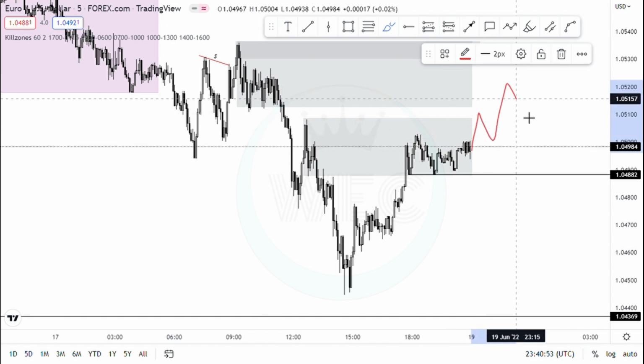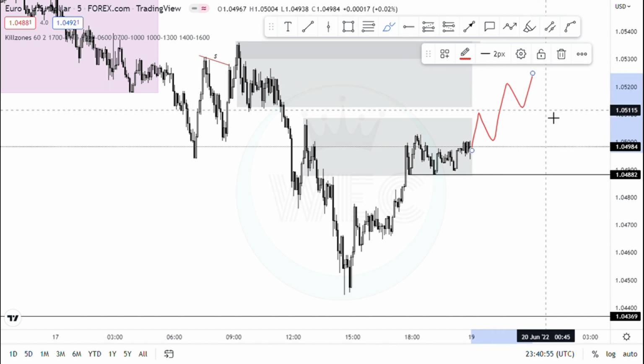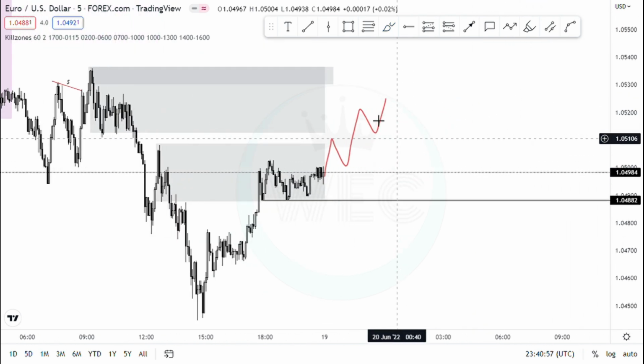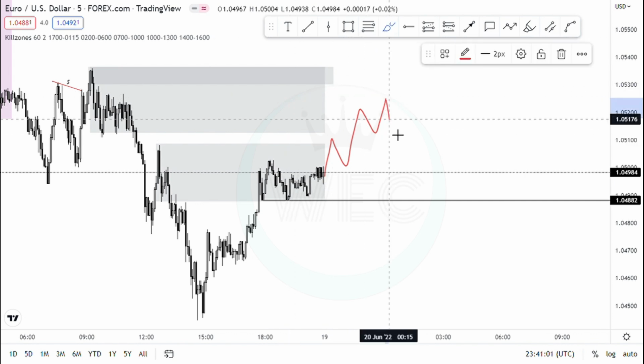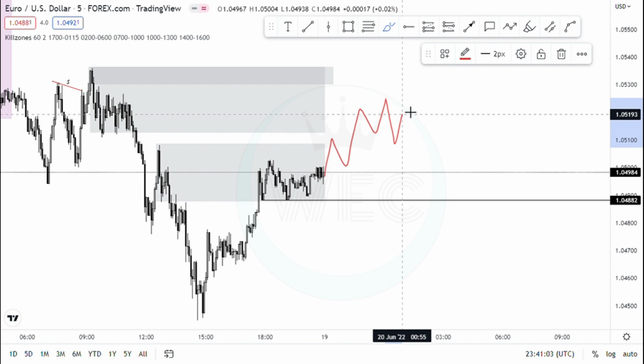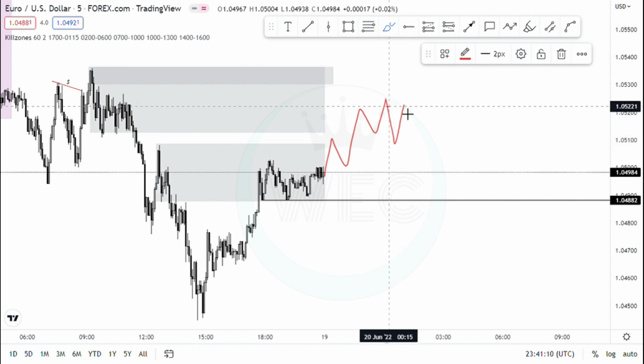And probably if it taps into this H1 level of supply, we are going to have a change, like this, with the 5-minute changing intent to tell us that it is ready to go bearish. Then we can start looking for sales to the downside.